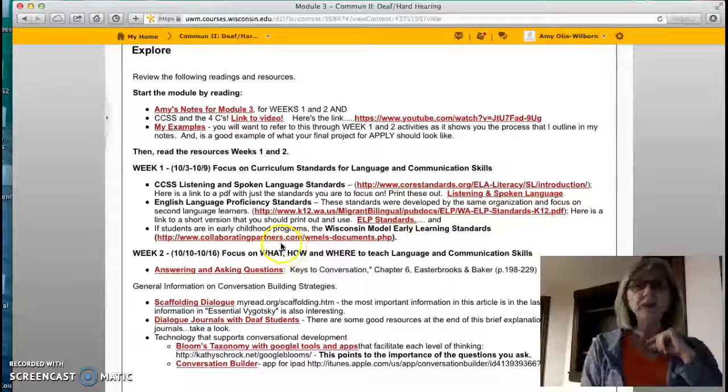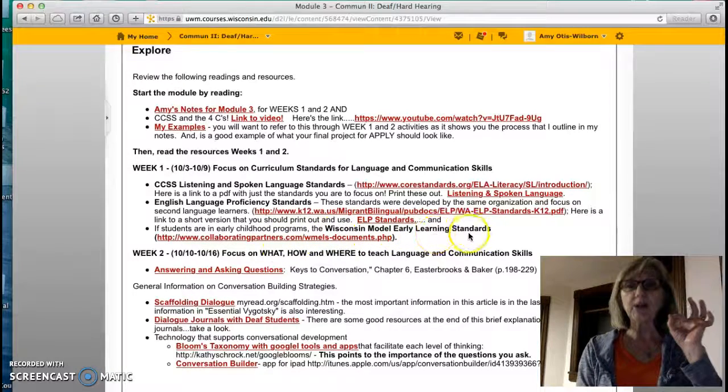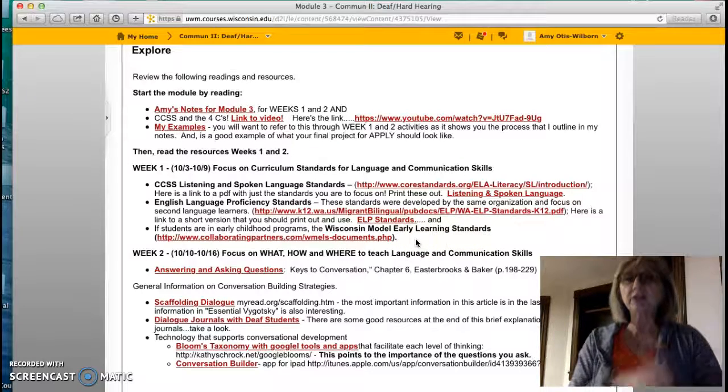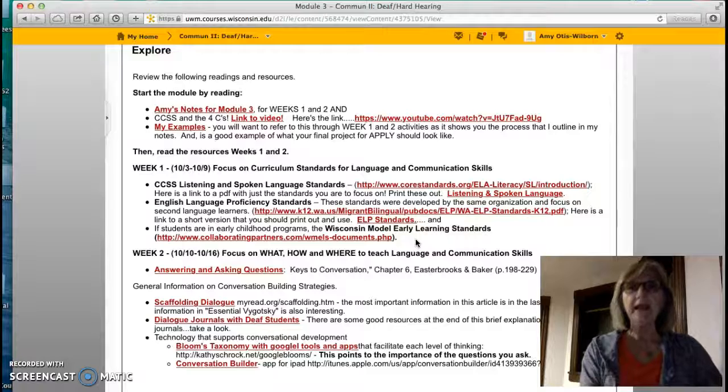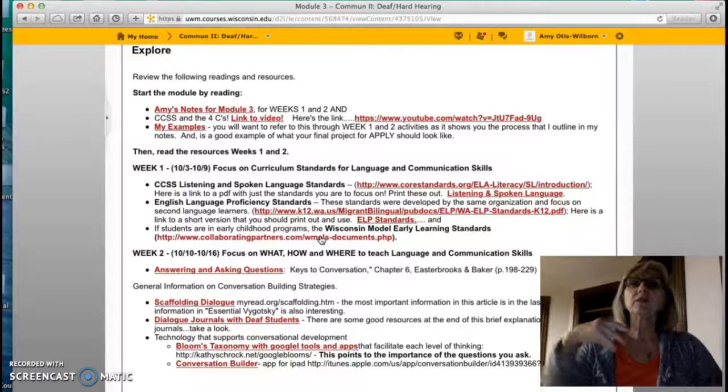And then I do link you to WMELS, which is the Wisconsin Model Early Learning Standards for early childhood students, pre-K. These are the standards that you would use, and they likely will have good communication goals that you can use to help create your goals.